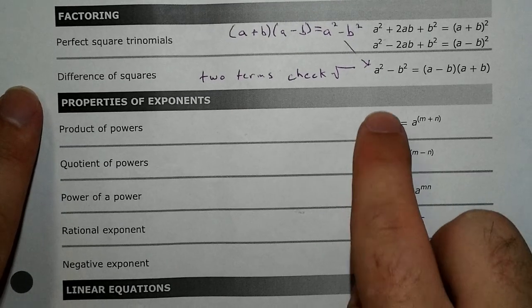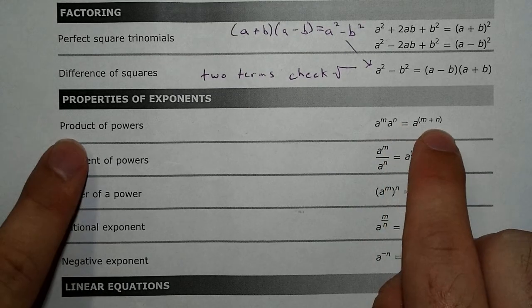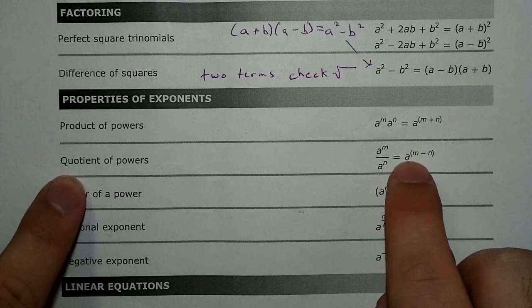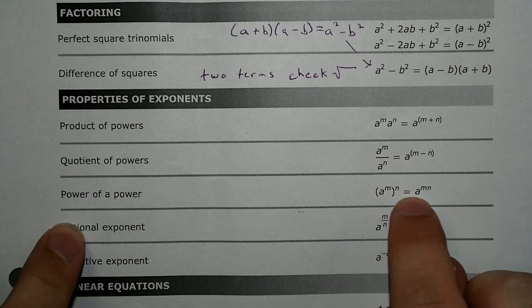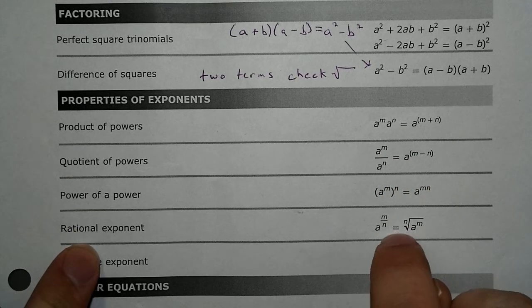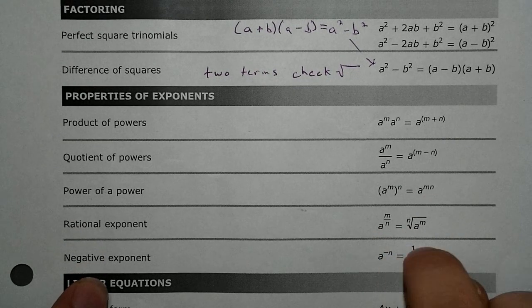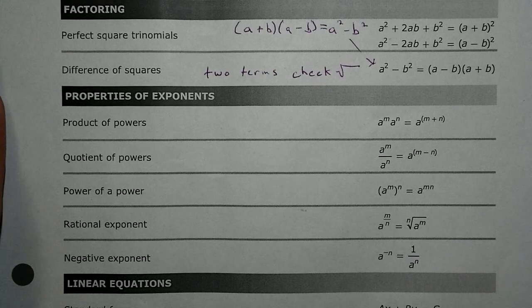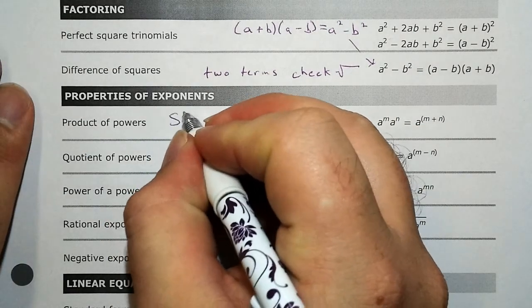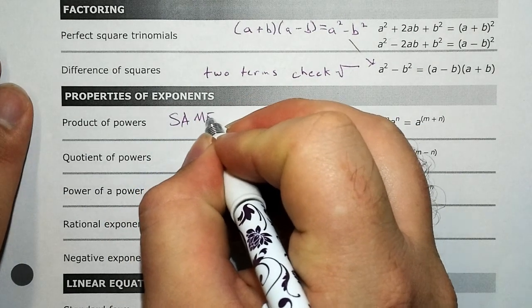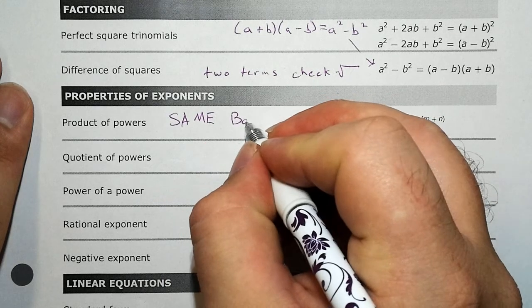Now, whenever you use any of your exponent rules, whether you use a product rule where you add the exponents, quotient rule where you subtract the exponents, power rule where you multiply the exponents, or when you have a fraction or a negative, all of these, remember, you have to have the same base.